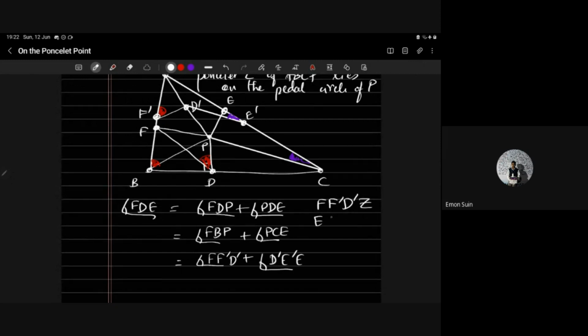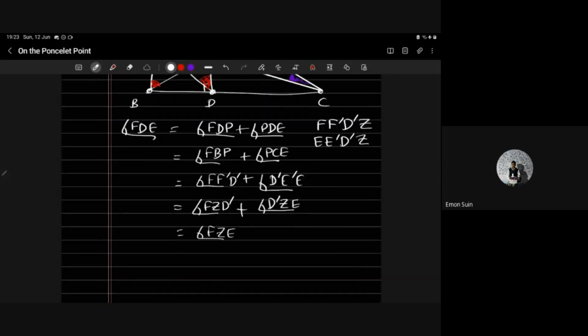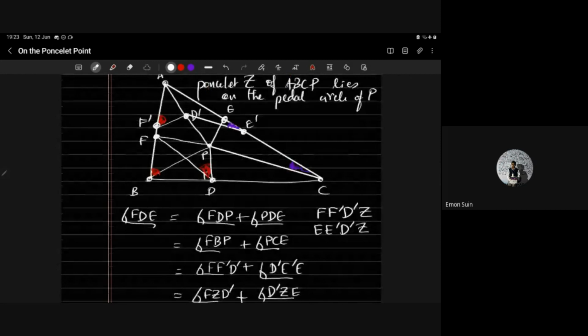Similarly, E, E prime, D prime, Z are concyclic. So angle F F prime D prime goes to angle F Z D prime, and angle D prime E E prime goes to angle D prime Z E. These two add up to angle FZE. So that means Z lies on the pedal circle of P.